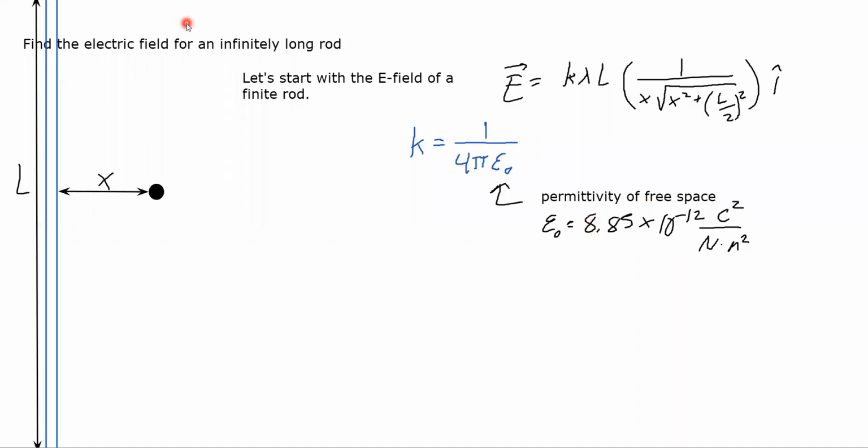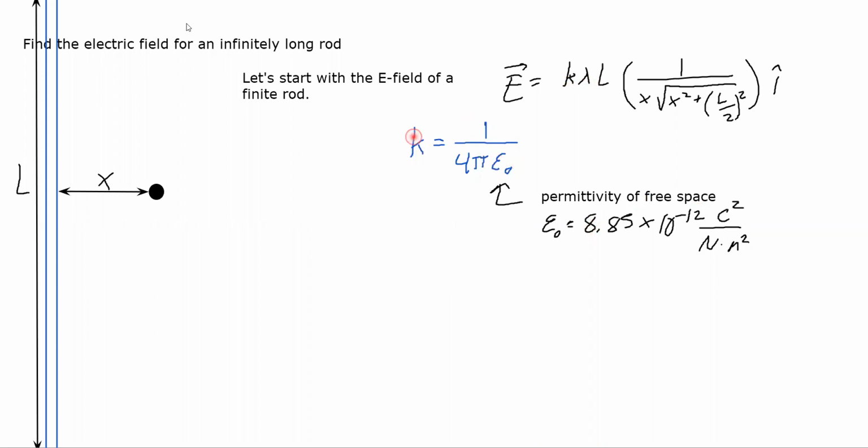This relates K to epsilon 0, and the reason I'm introducing it now is, one, it gives us some nicer equations by plugging this in for K, and also in chapter 24 we deal with epsilon 0 explicitly, so it comes up quite a bit.